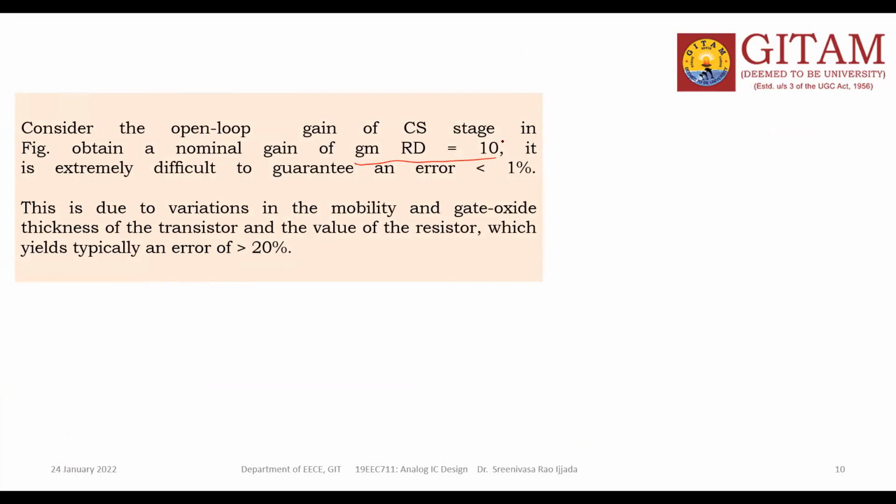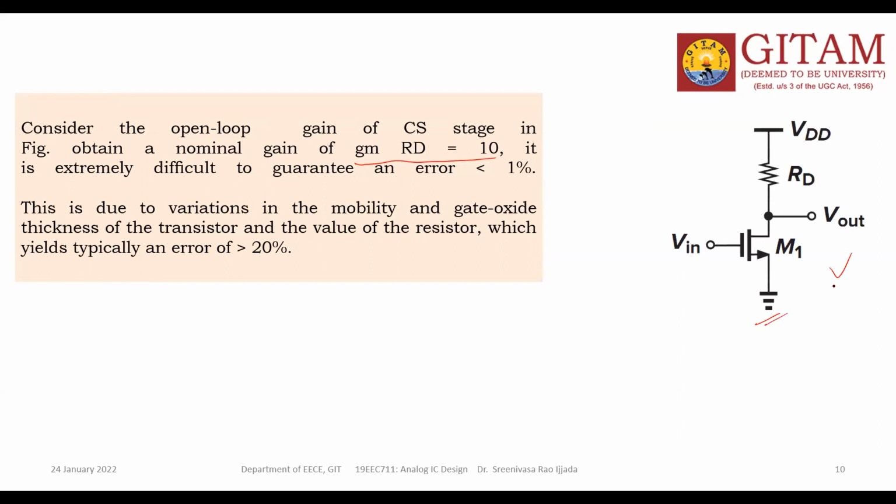Whatever consideration we took in the previous example, for getting a gain error of less than 1%, if you apply the same concept to this circuit, the common source stage, the MOSFET amplifier, versus the op-amp, the difference is that in the op-amp you can guarantee less than 1% gain error by choosing the A1 value greater than 1000.